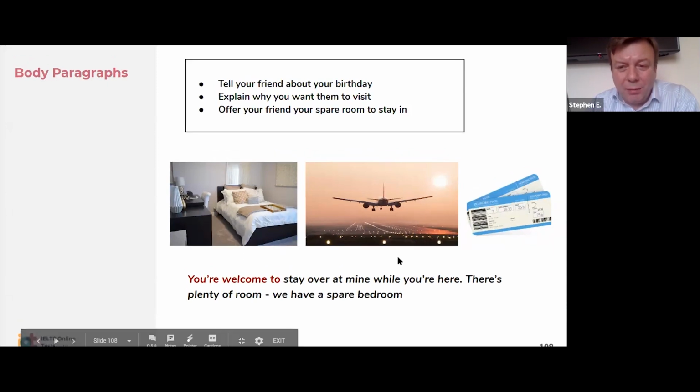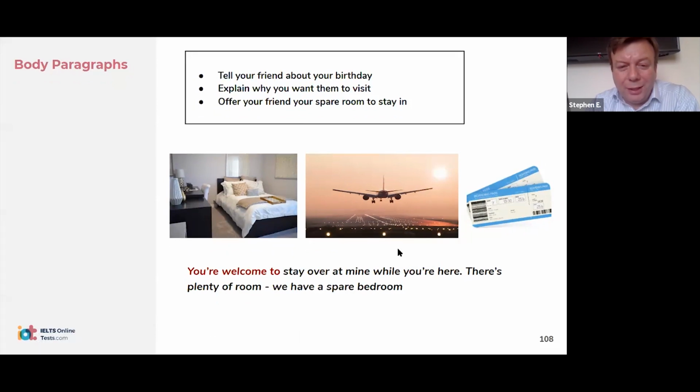Okay. While you're here, there's plenty of room. We have a spare bedroom. And I'd be happy to, so think about the last 2. So what would you do if someone was coming to visit? And if they were arriving from overseas?